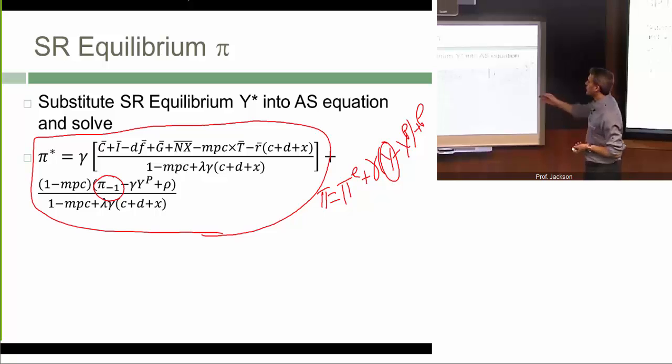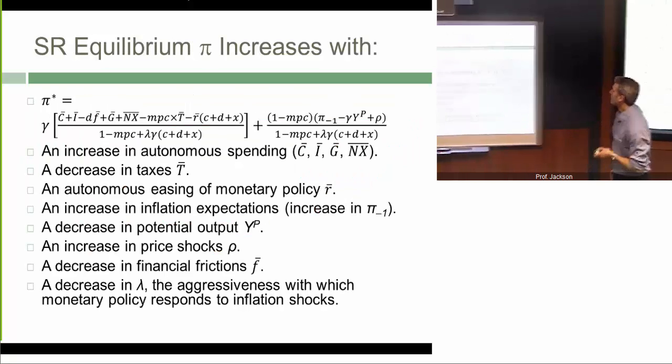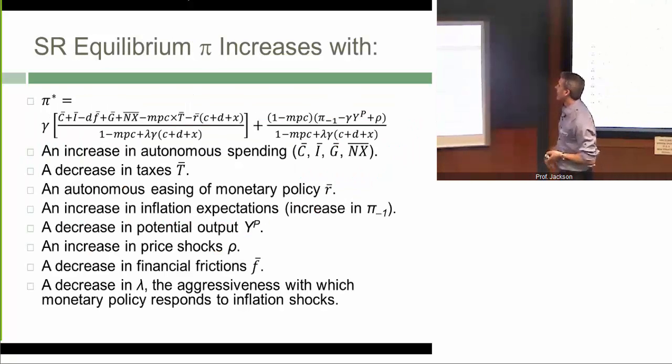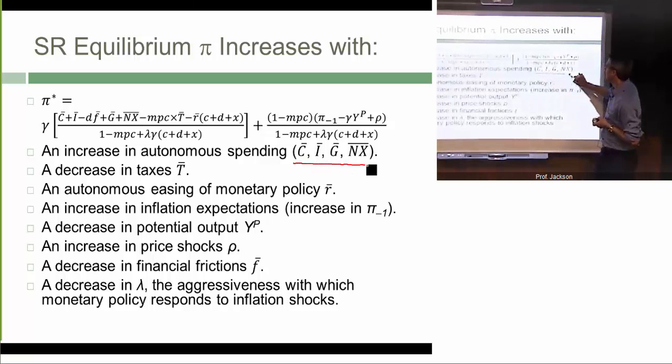And again, I encourage you to take the time to go through the steps of math to solve out for this result here. So there's our equilibrium level of inflation in the short run. So again, we can look at this and make some basic inferences about what's going to be affecting inflation in our short run equilibrium. We have an increase in autonomous spending.